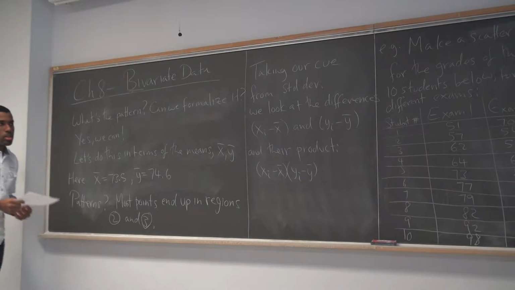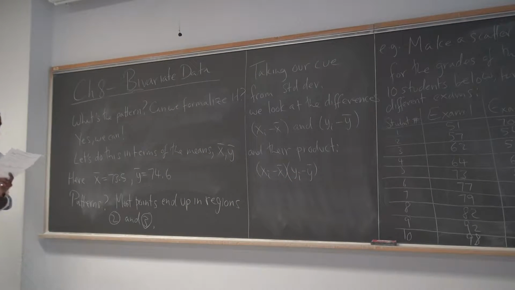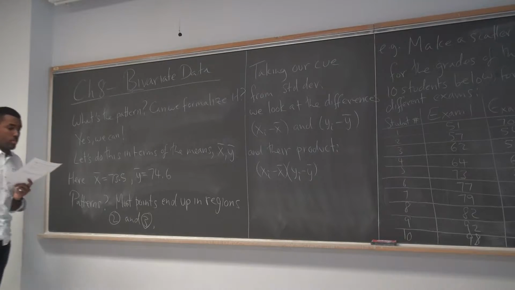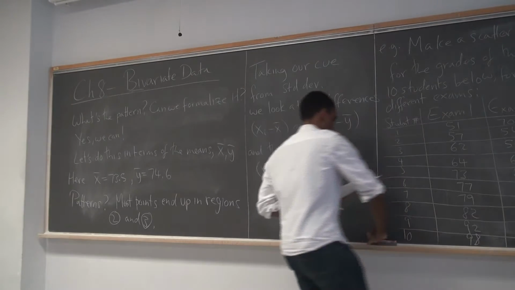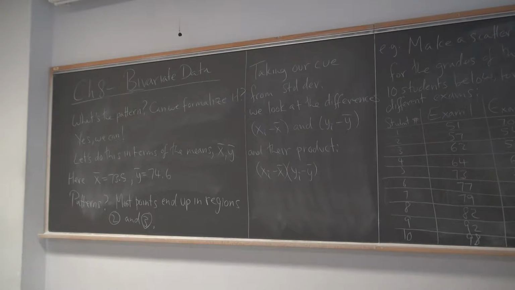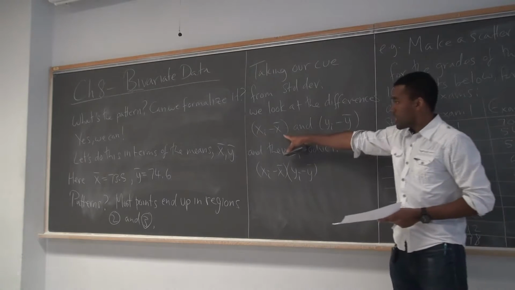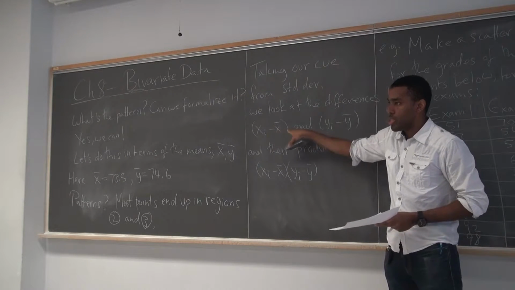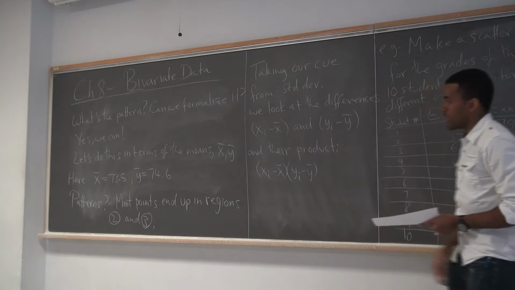You're going to see why we care about that. It's very simple. This is very similar to what we were doing with standard deviation. We looked at the average distance between the values and the means. I'm doing that same thing here again.